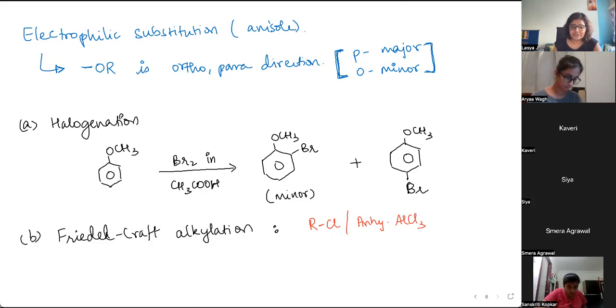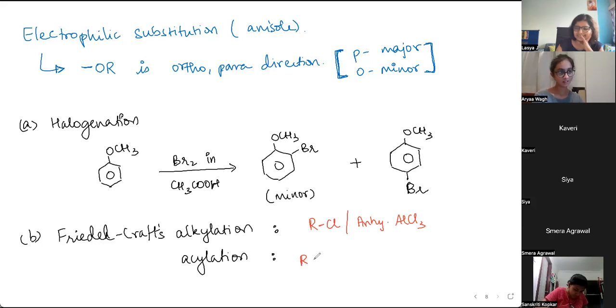Next, acylation के लिए Friedel-Crafts acylation. RCOCl, something like that, yes.